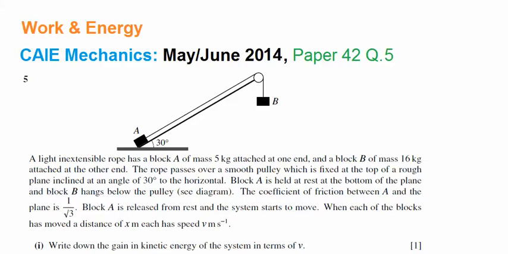If we put this information on the diagram, 16 kilogram is the mass, so the weight is 160 Newton, acting vertically downward. Block A has a weight of 50 Newton.